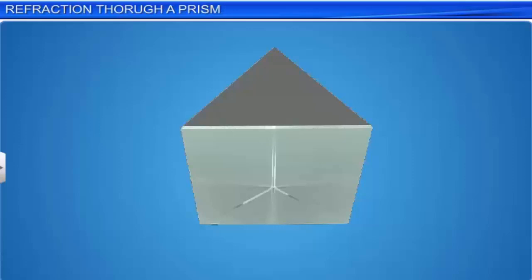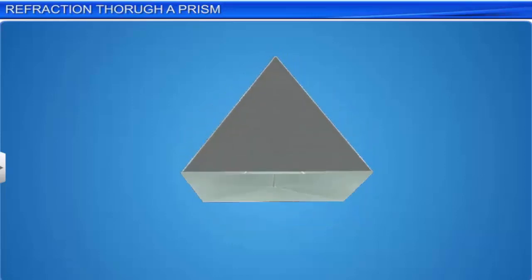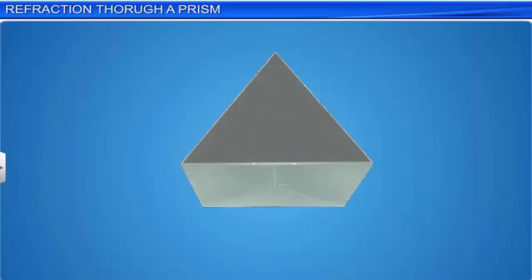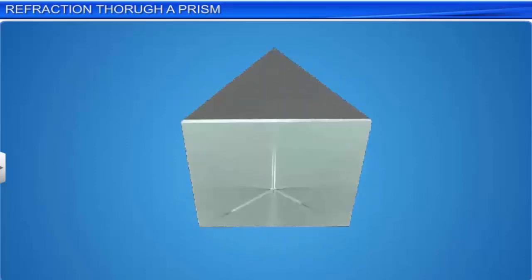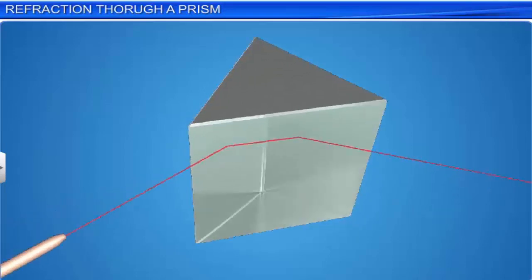A prism is an optical apparatus made of transparent material with flat and polished surfaces that refract light. The most commonly used prism is a triangular prism which has 2 triangular and 3 rectangular surfaces. The 2 rectangular surfaces through which light is refracted are called the refracting surfaces of the prism.